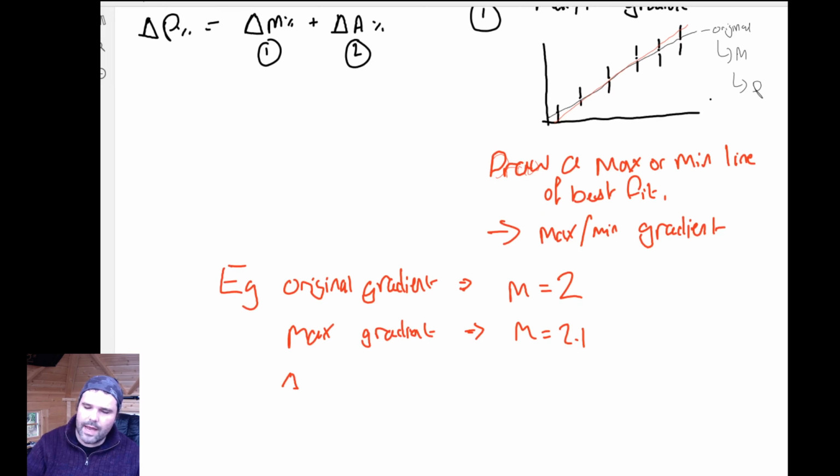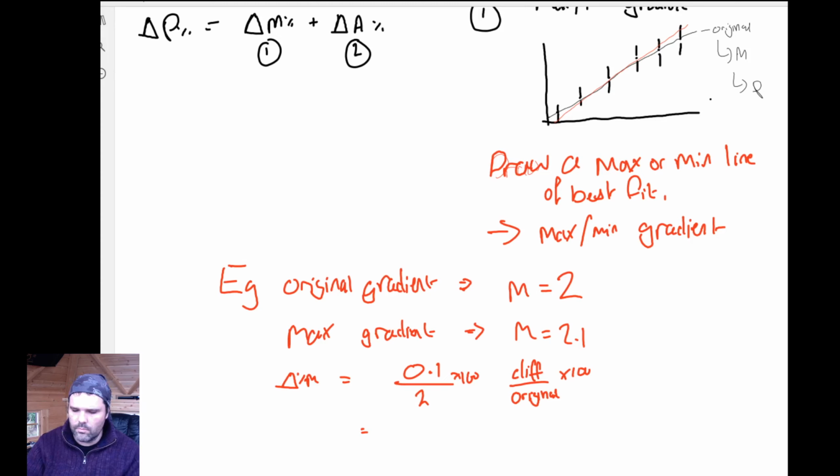I can, from that, get my percentage error in gradient. Do the difference, so 0.1 over 2. Difference over original, obviously times 100. So 0.1 over 2 times 100 gives us obviously 5% error.